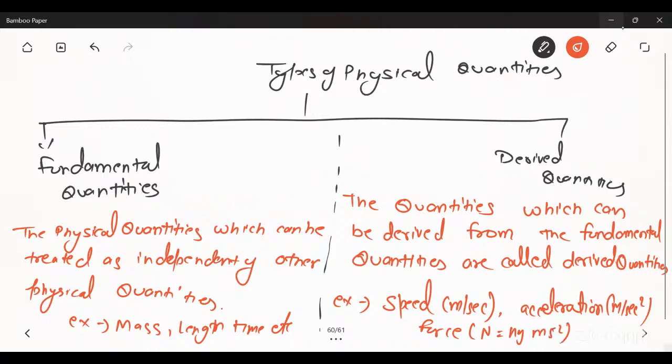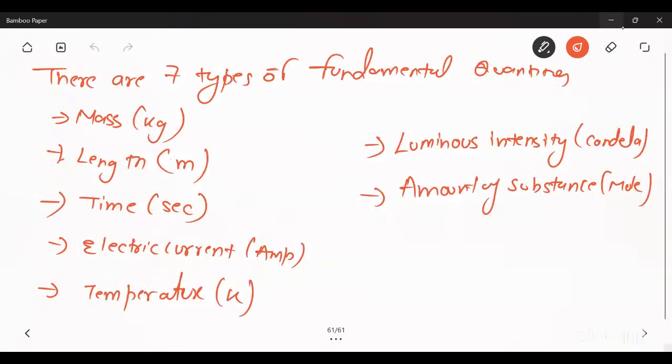So these quantities require other physical quantities for their derivation. These are the differences between fundamental quantity and derived quantity, and there are seven types of fundamental quantity: mass, length, time, electric current, temperature, luminous intensity, and the amount of substance.